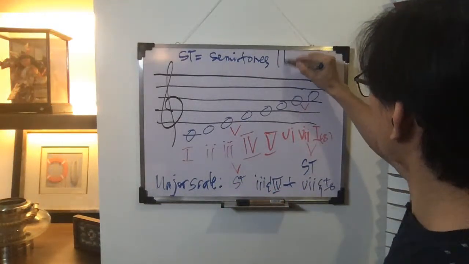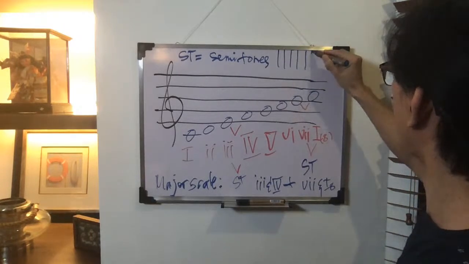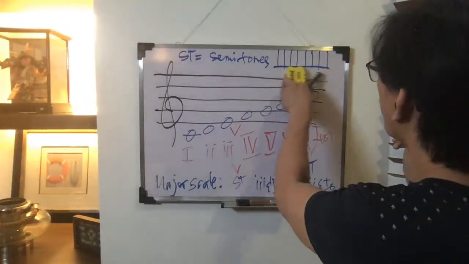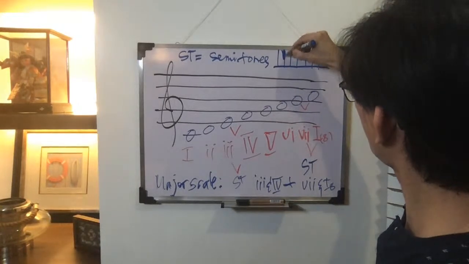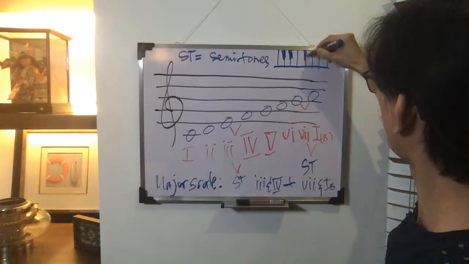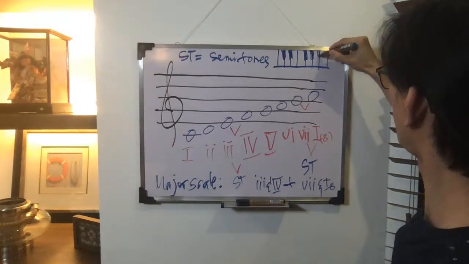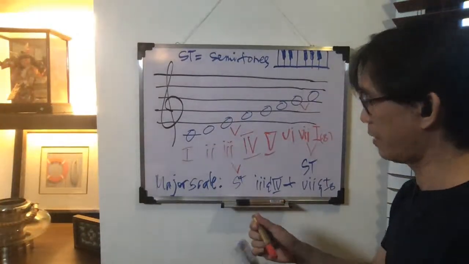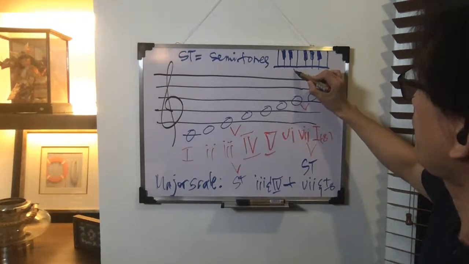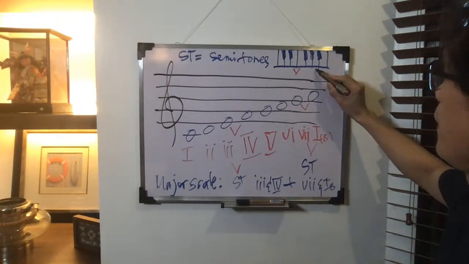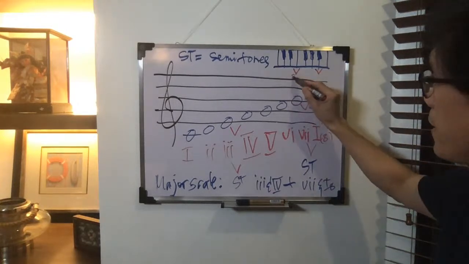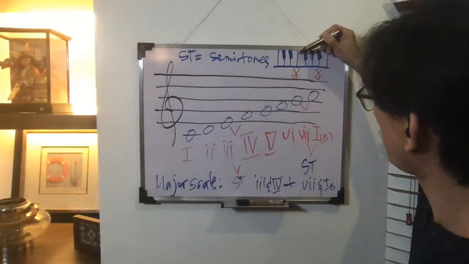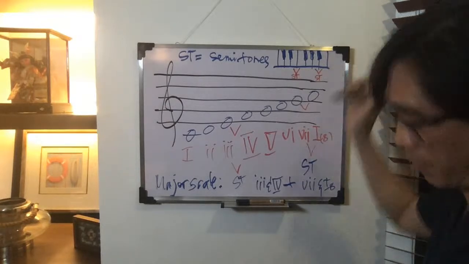So if I'm going to draw the piano here, the piano keys on the board, this is E and F. Now here, B and C. So they're only semitones because there are no black keys in between.